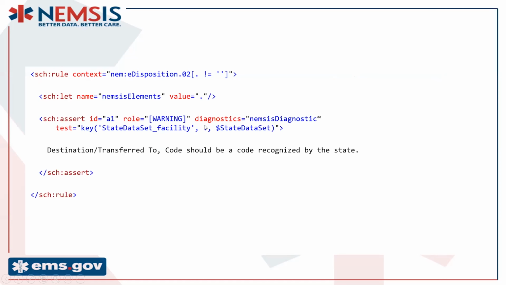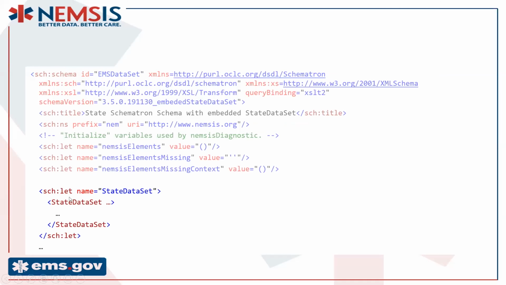And then we've got to set the context for this key lookup. If we don't do that, then the key lookup is actually going to try to look things up in the file that's being validated, the patient care report. We don't want that. We want it to actually look up data in the state data set that we defined. So we refer to this variable state data set. If we go back up, that's this right here when we created the let statement.